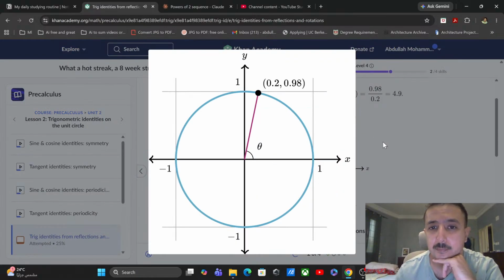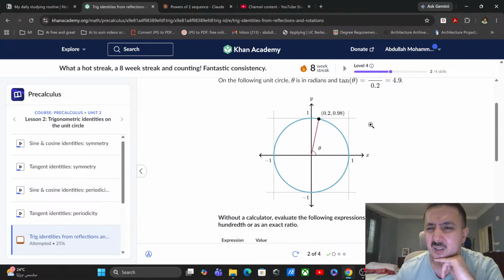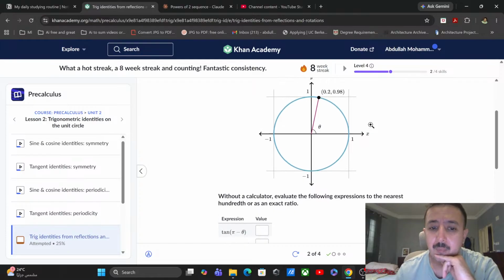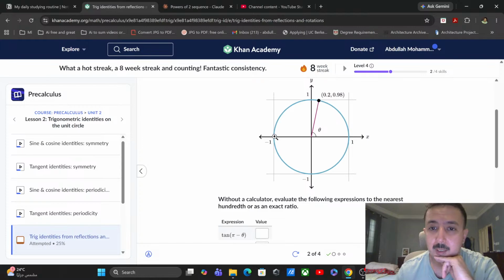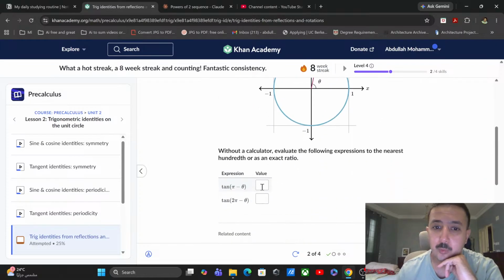Okay. So theta here, tan, okay, tan theta minus pi minus theta, so this is pi minus theta is gonna give me here, and here the x is minus and the y is positive, so I'm gonna end up with minus 4.9.